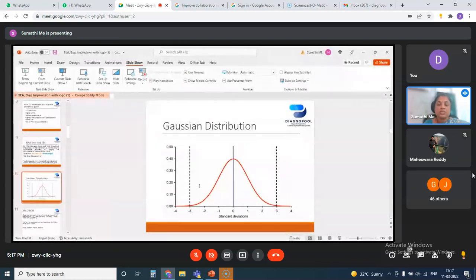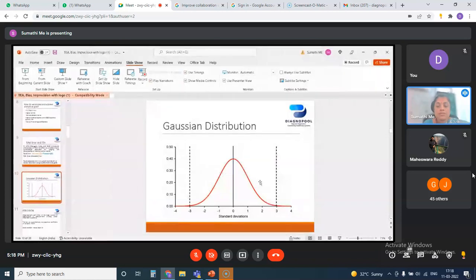What is a Gaussian distribution? When we analyze a set of quantitative data, all of us in the laboratory do internal quality control on a daily basis, so we generate quantitative data daily. When you measure quantitative data on a continuous basis, you get this pattern of graph, called a Gaussian curve.